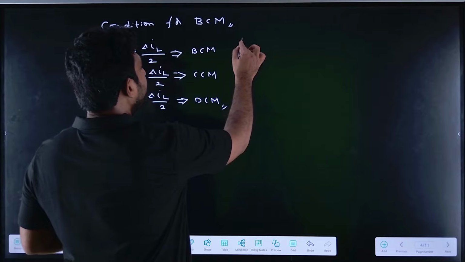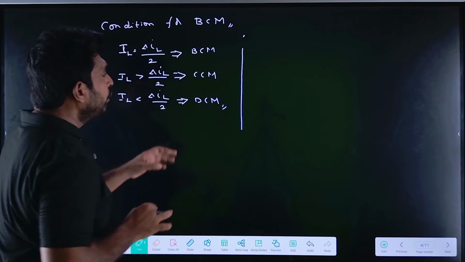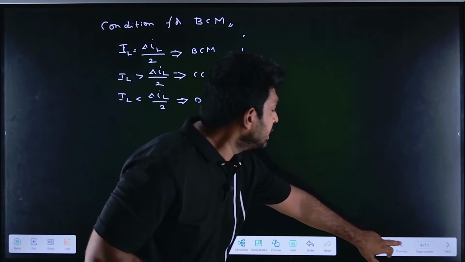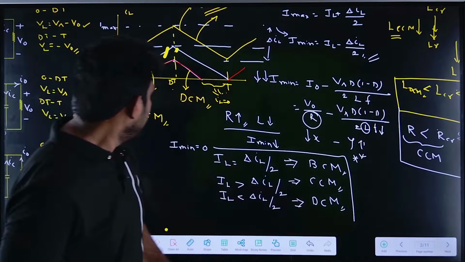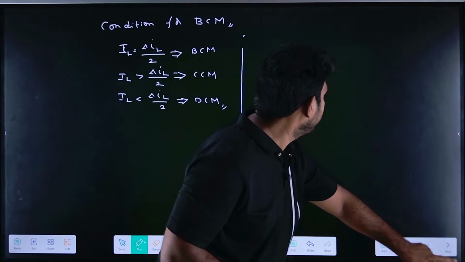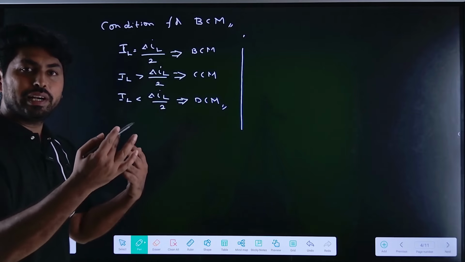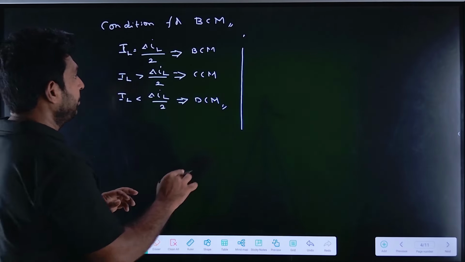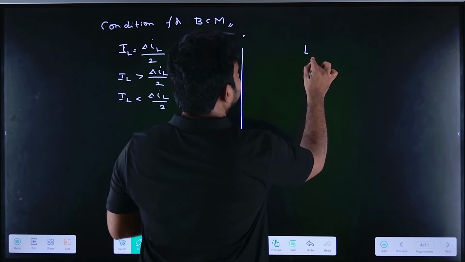So now we got the IL expression. Similarly, let us find L critical. Let me take L critical as a reference.